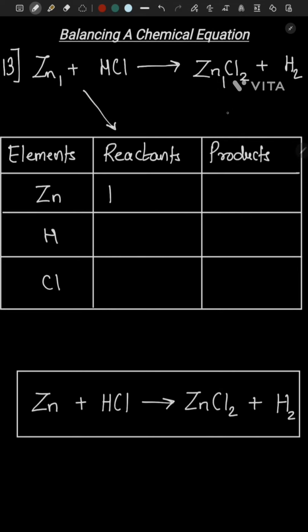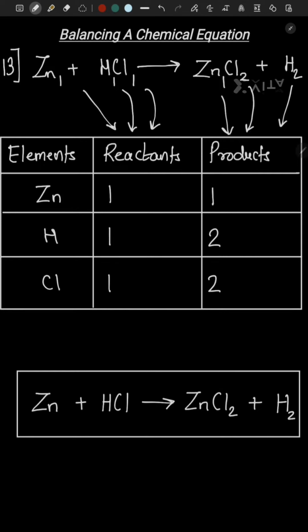On the product side, again 1. Similarly, hydrogen on the reactant side is 1, but on the product side we have 2. For chlorine, no number means 1 on the reactant side, but on the product side it is clearly 2 atoms of chlorine.